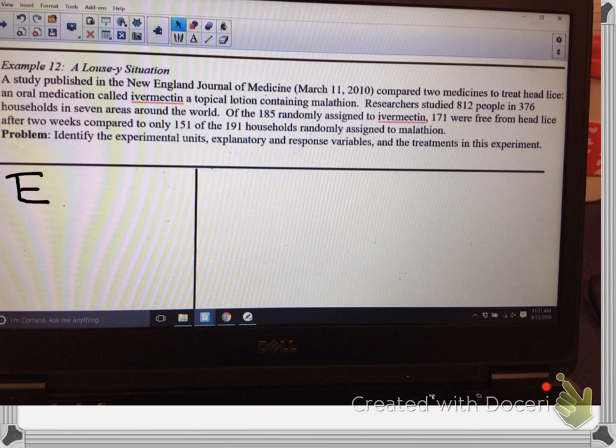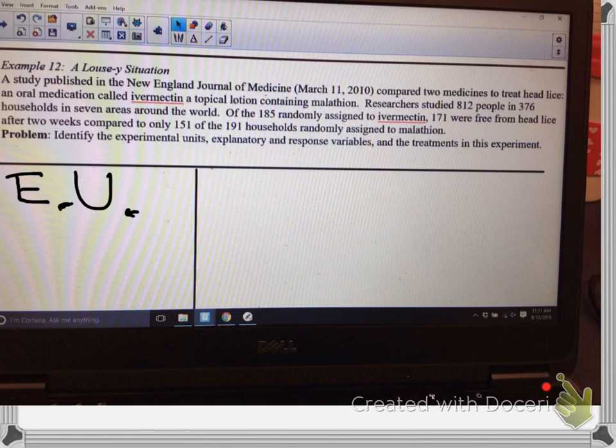The experimental units. Researchers studied 812 people in 376 households. Now, what you have to decide is, of the 185 randomly assigned to ivermectin, what is that 185? Is that 185 part of the 812? Or is it part of the 376 households?